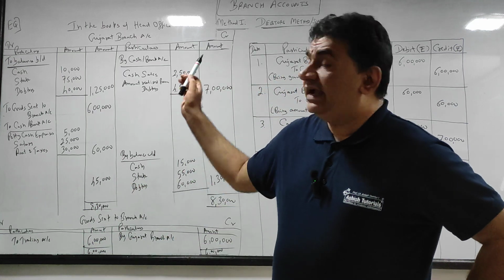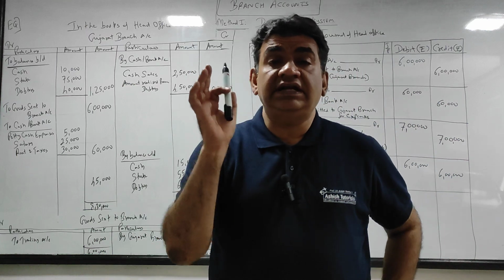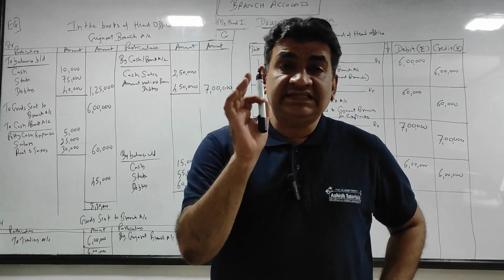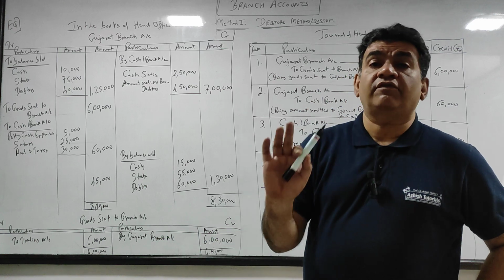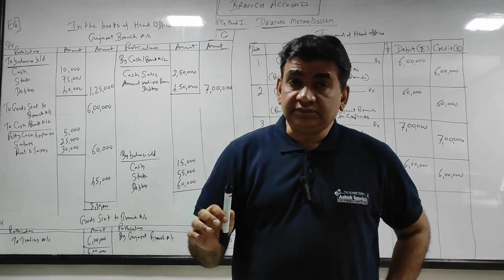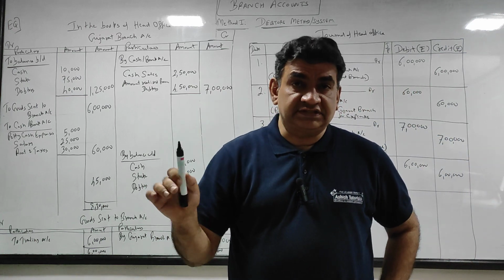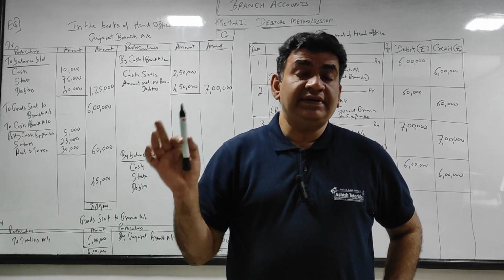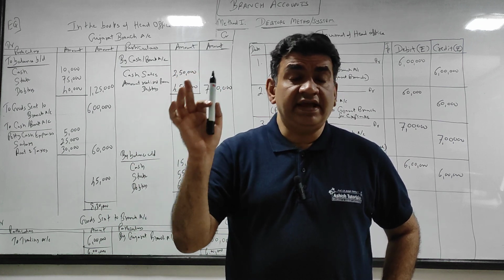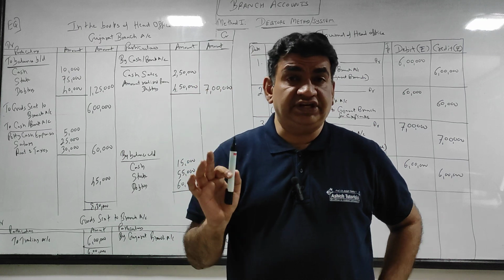Now head office will have multiple branches. If they have 10 branches, there will be 10 different branch accounts and every branch will have a profit or loss. But when the head office, main office, here the main company is Vansh Ltd, when Vansh Ltd makes its balance sheet, they will make only one trading P&L and balance sheet.